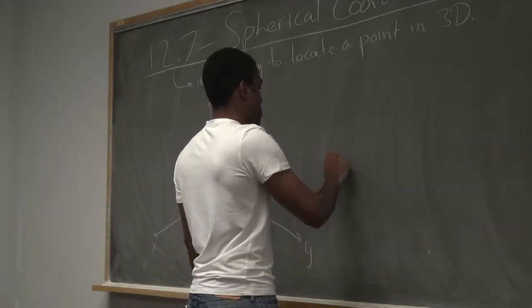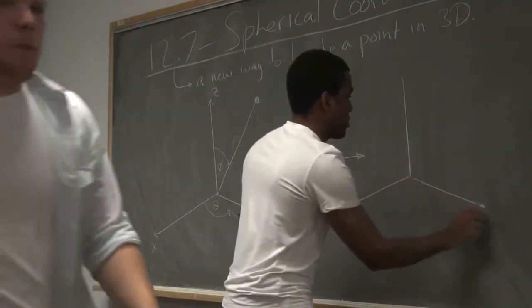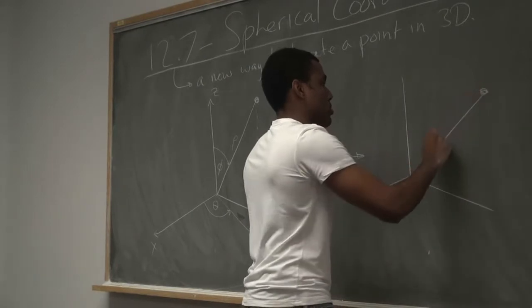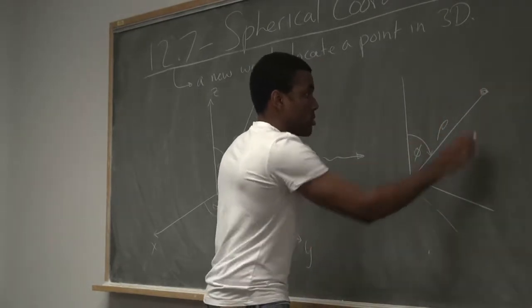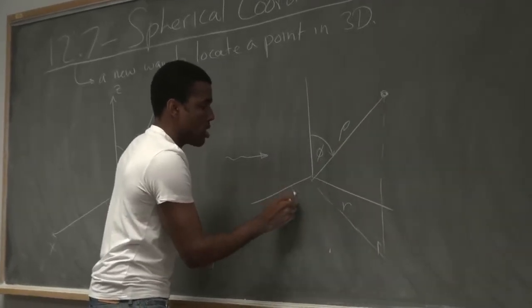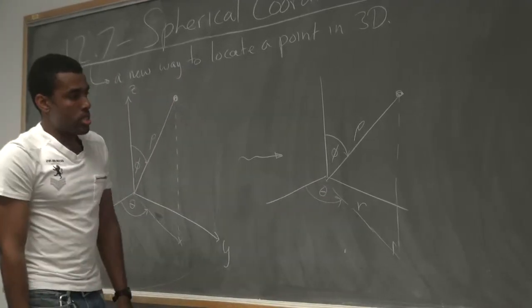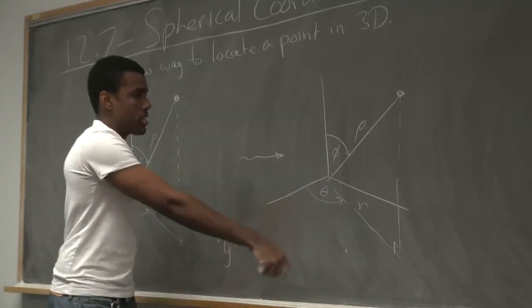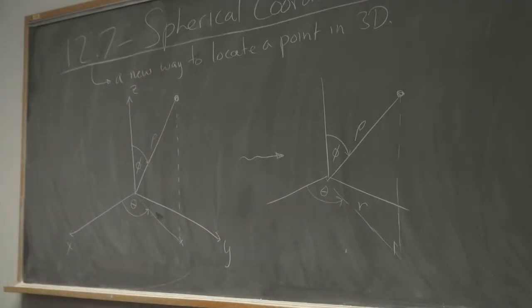Notice here, this can form a right triangle, that's r, this is your theta. If that's the right triangle and this is phi, could you tell me what r is in terms of the other variables I just introduced?